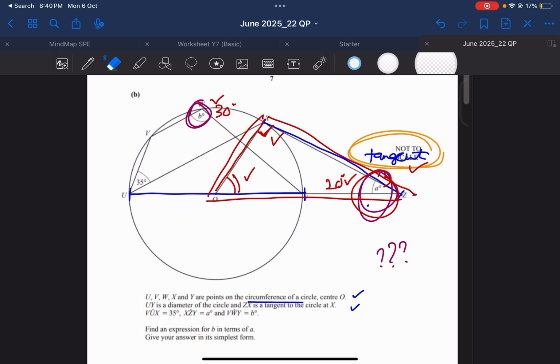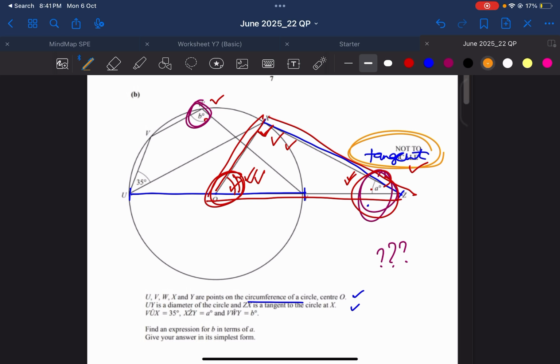Okay? But to avoid confusion, I will erase it. It's not a number, it's actually a known letter. The angle is known. So if we can find A here, I will look for the relationship from A towards B. Once we have found this 90 minus A, we can find it in terms of A. What else do I know?